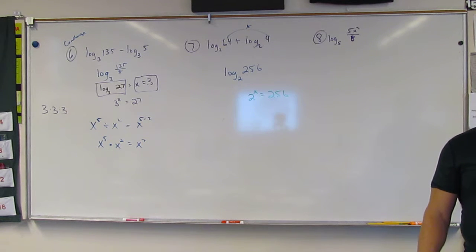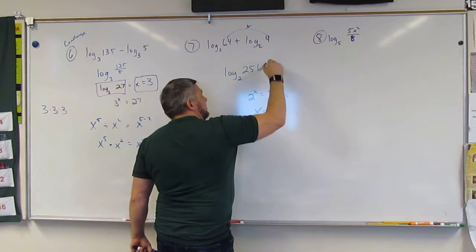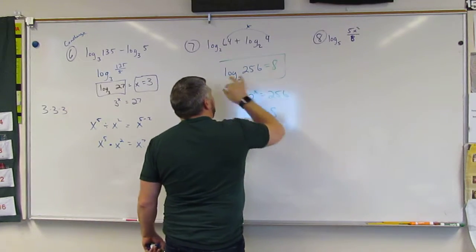So this should be x equals 8. So this equals 8. Okay? So I want to see both of those.